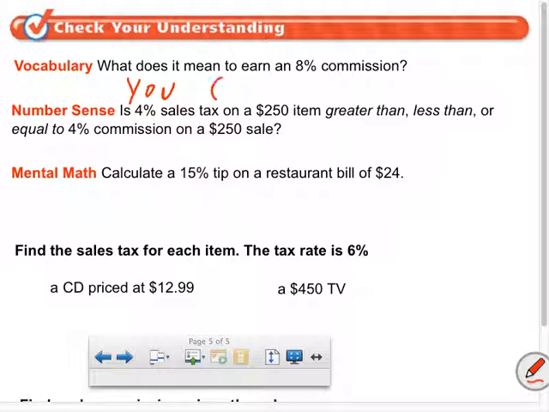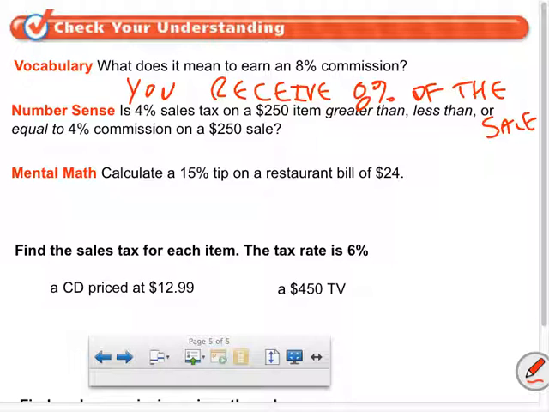You received 8% of the sale price cost. Okay. Is 4% sales tax on $250 greater than, less than, or equal to 4% commission on a $250 sale?